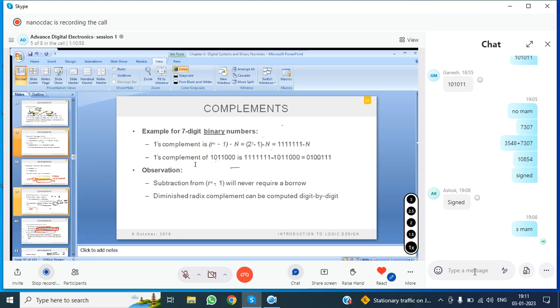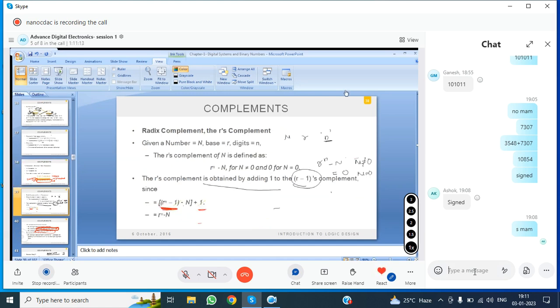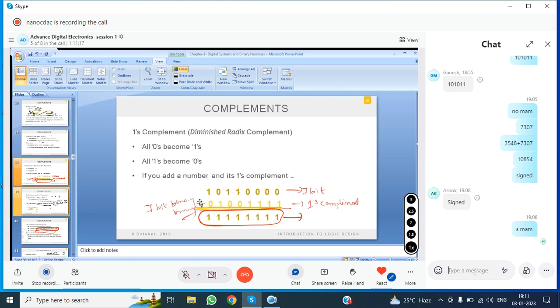So here, you need to take the ones complement, and after taking the ones complement you need to subtract. So for a 7-bit binary number, taking the ones complement, whatever the result, that will be your complement. And normally this is diminished radix complement.